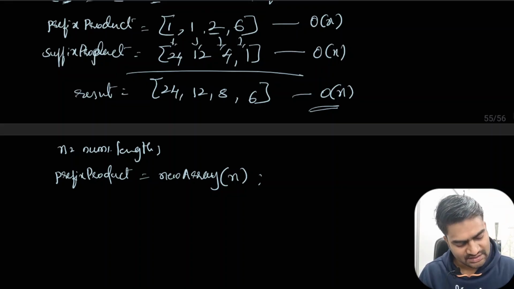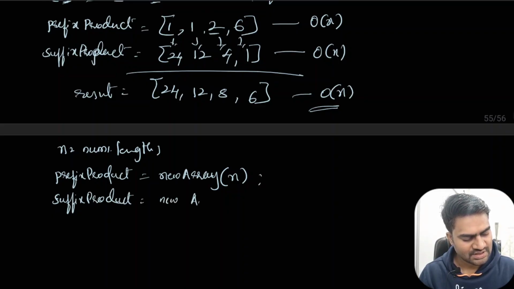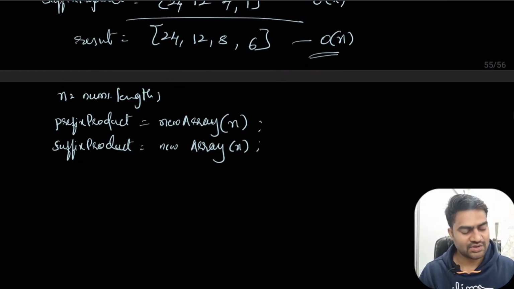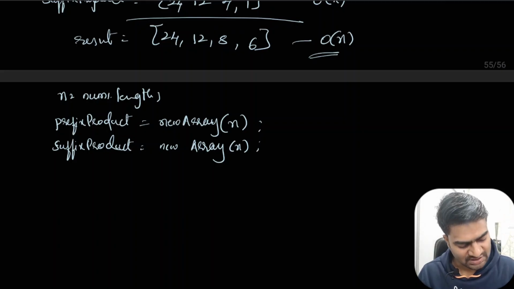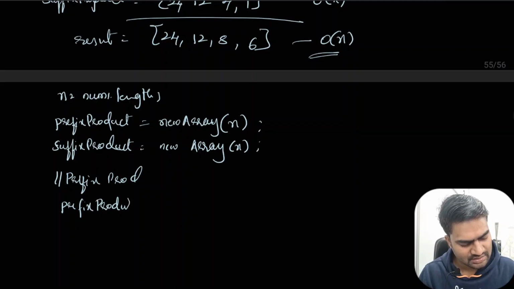Then suffix product equal to the same, a new array of length n. Okay, now first I want to find the prefix product. So first I want to find the prefix product. If that is the case, I will say prefix product of 0 equal to 1.